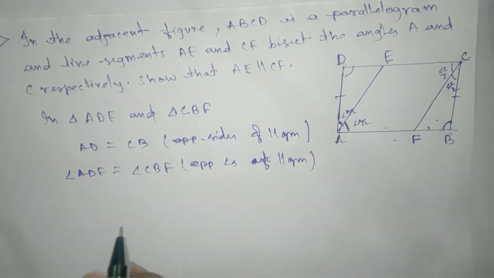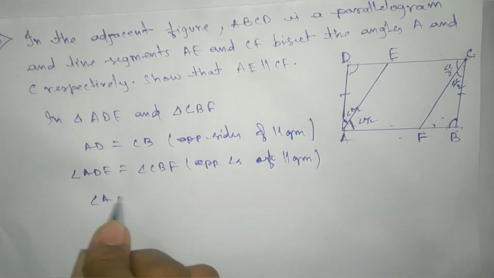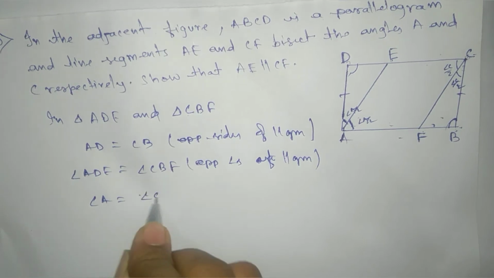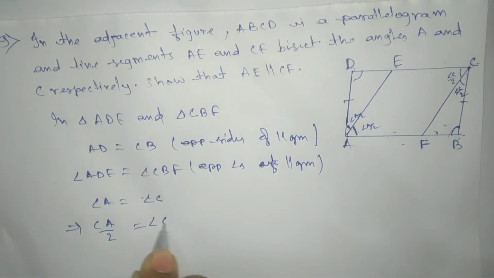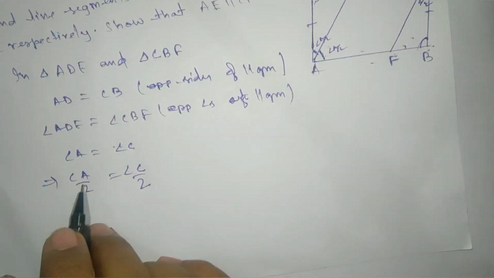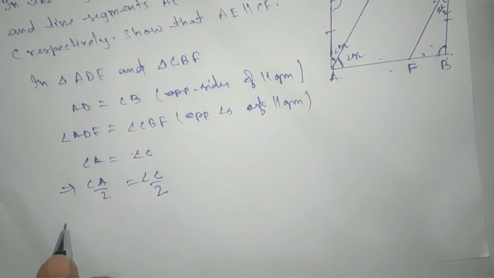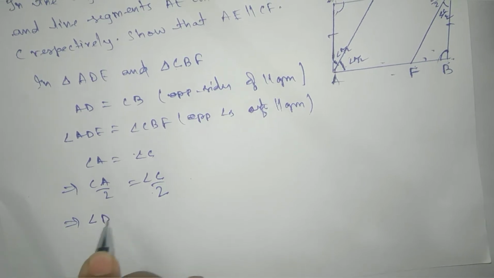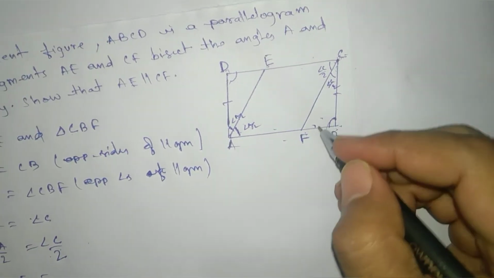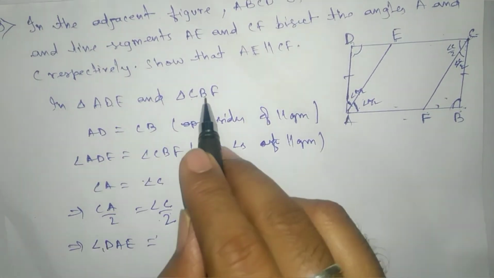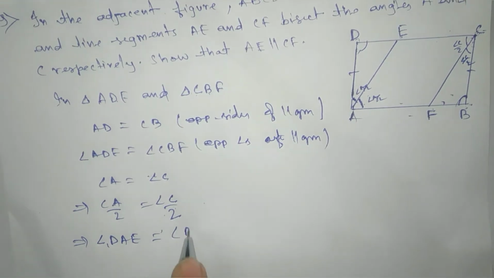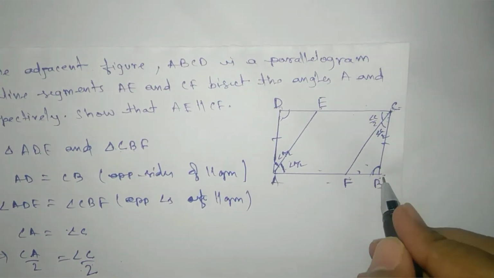Next, angle A equals angle C. This implies half of angle A equals half of angle C. Therefore half of angle A we can write as angle DAE, and half of angle C we can write as angle BCF.